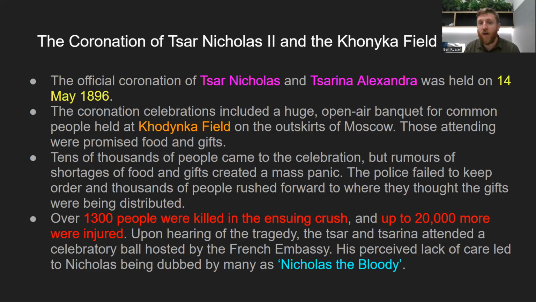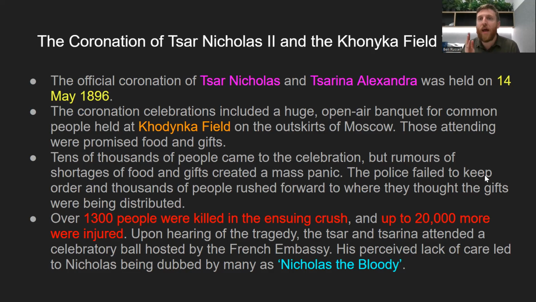He listened to his advisors, and his perceived lack of care led to him being dubbed by many as Nicholas the Bloody. So straight off the bat, Nicholas is seen as an uncaring and unloving Tsar, when the Tsar is meant to be the little father who protects the Russian people.